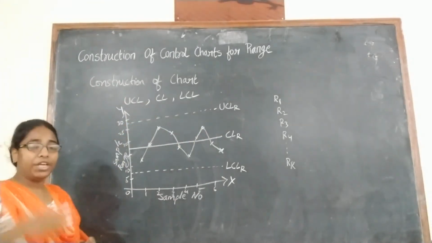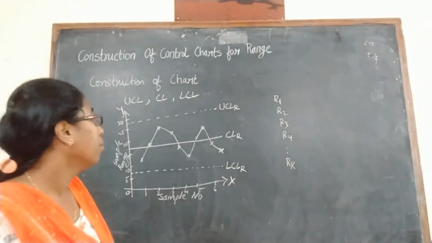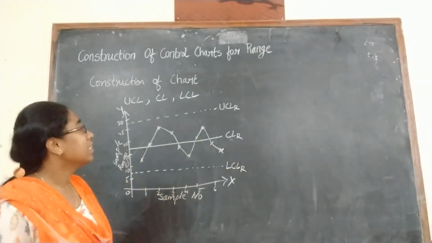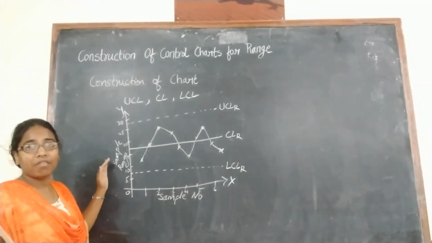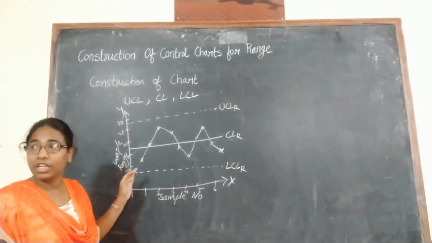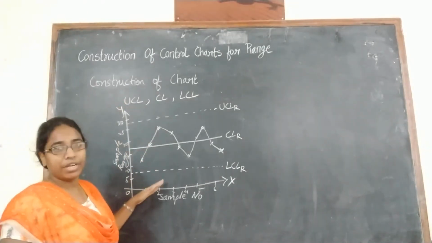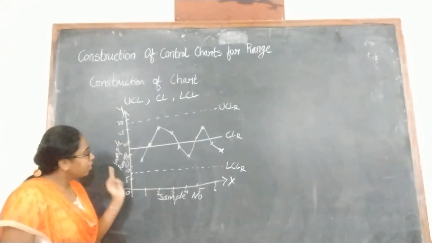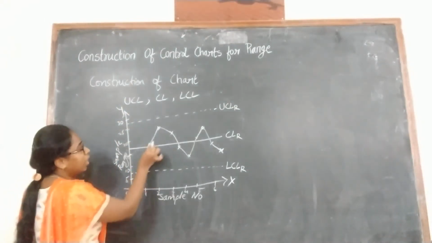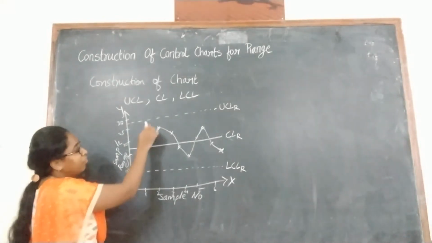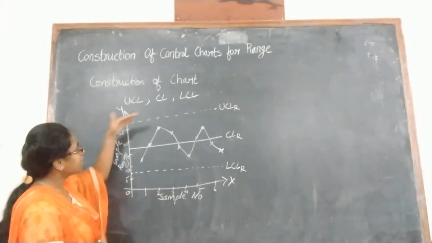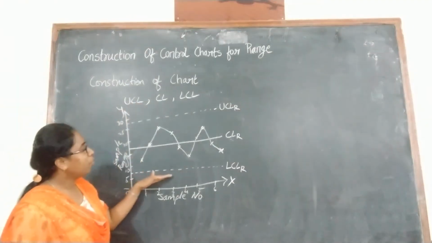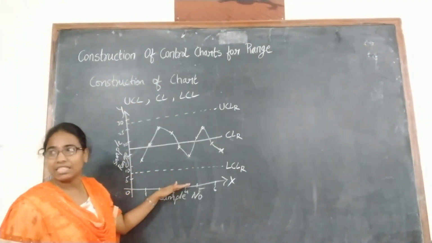Now we need to interpret it by seeing the graph. This is the same procedure we used to interpret the X bar chart. Here also we interpret using this graph only. If you observe, all the values are within the control limits. That is, no value goes outside the UCL and no value comes below the LCL.